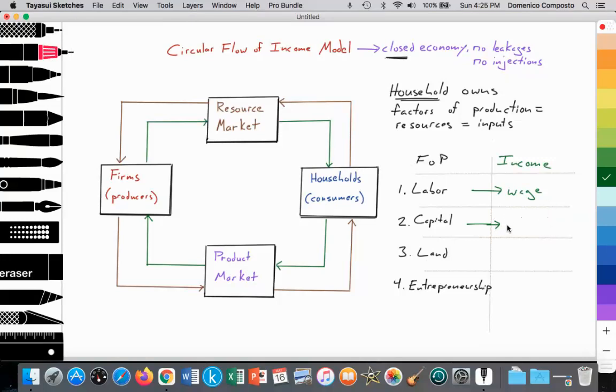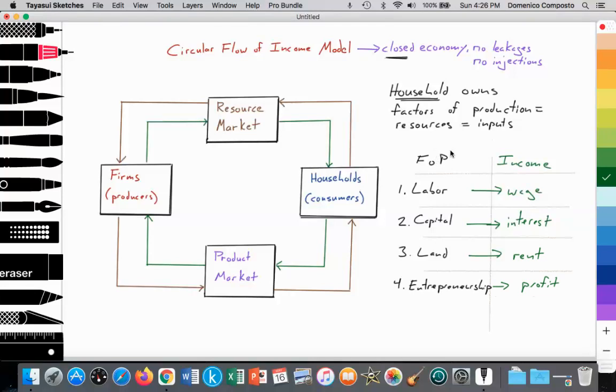So in the form of financial capital, if you have money as savings in a bank, you can generate interest since the bank will be utilizing that financial capital for offering loans as investment, which will become an investment for a firm. So types of capital can generate interest. Land would generate rental income, and entrepreneurship would generate profit.